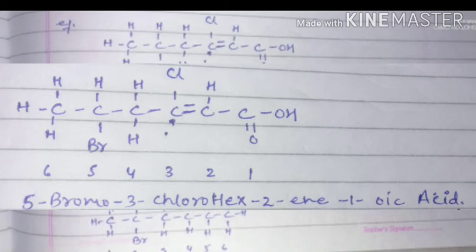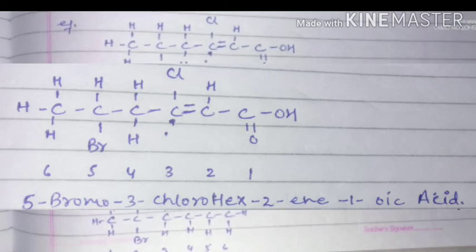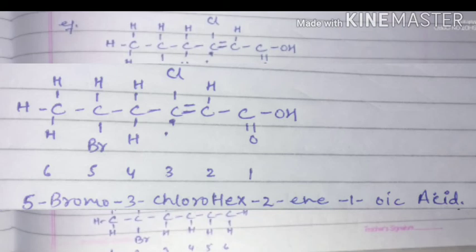Then you can see on carbon number 3 Cl is there, and on carbon number 5 bromo is there. So as we start to give the name to this compound, first we will write 5-bromo-3-chloro. Why 5-bromo? Because if we give preference to the prefix, we give the preference according to alphabetical order.